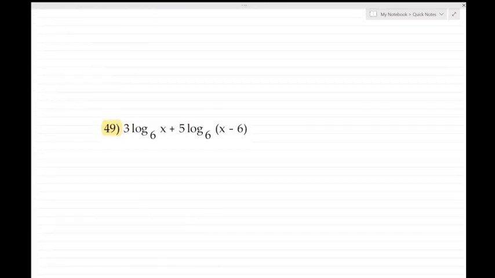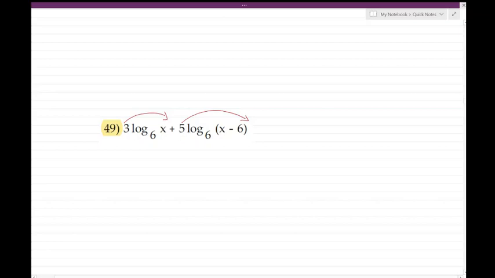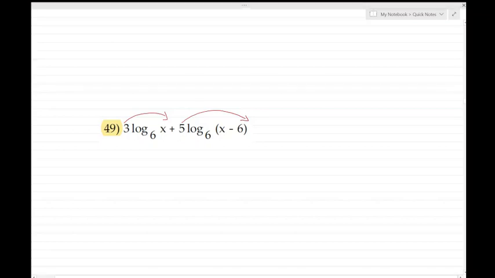Next, we have this little complicated one because it has more parts to it, but not too difficult. So first thing, the number in the front goes up as the power, and then we have the following: log base 6 of x to the 3rd power plus log base 6 of x minus 6 to the 5th power.